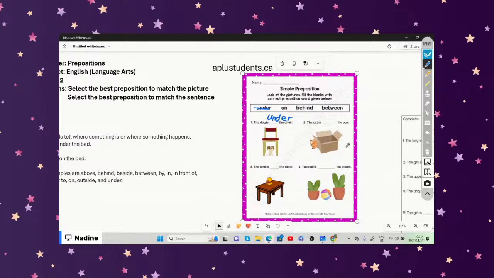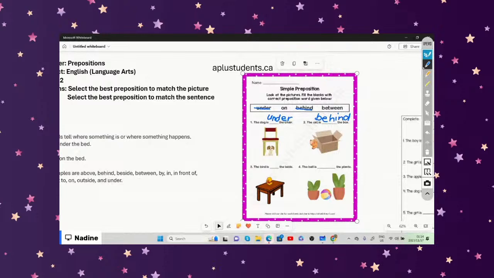If we now look at that picture, then we can say the cat is behind the box, and behind is correct.